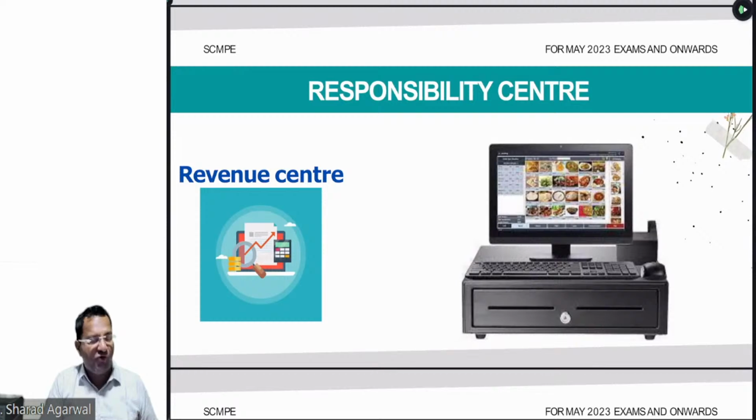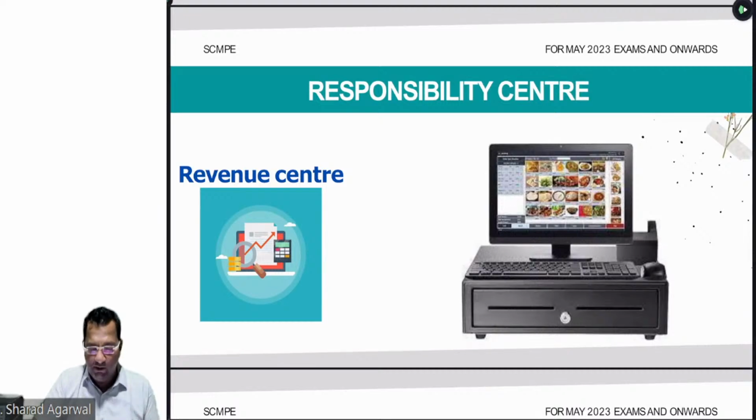It has no responsibility whatsoever regarding the cost that will be incurred in the organization. So the ticket counter of an airline company can be considered as a revenue center. The ticket counter of a multiplex can also be considered as a revenue center. They are responsible for generating revenue for the organization.